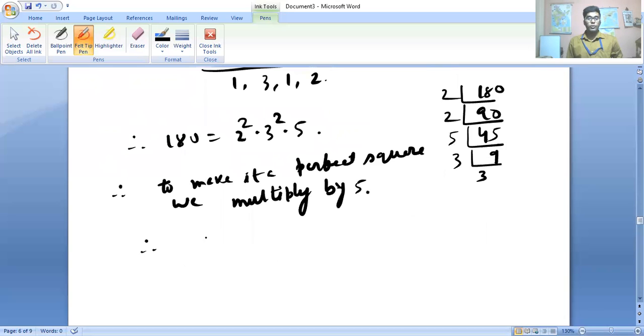Therefore, the required number that is a perfect square will be 180 into 5.